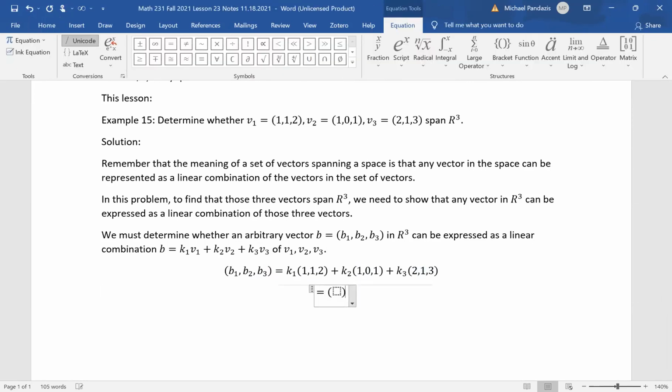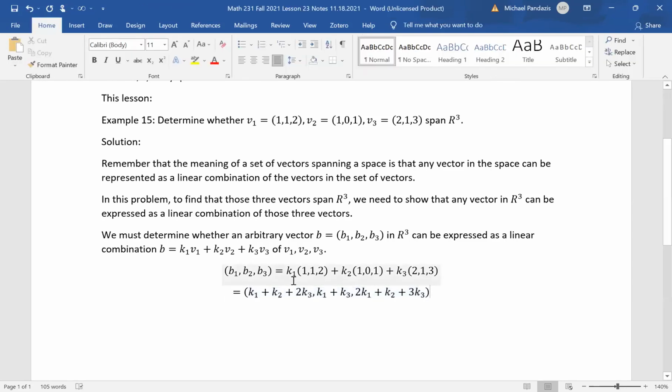Okay, and so then you have K1 plus K2 plus 2K3 as the first component on the right-hand side. The second component is K1 plus 0K2, which is 0, plus 1K3, which is K3. And the third component is 2K1 plus K2 plus 3K3.